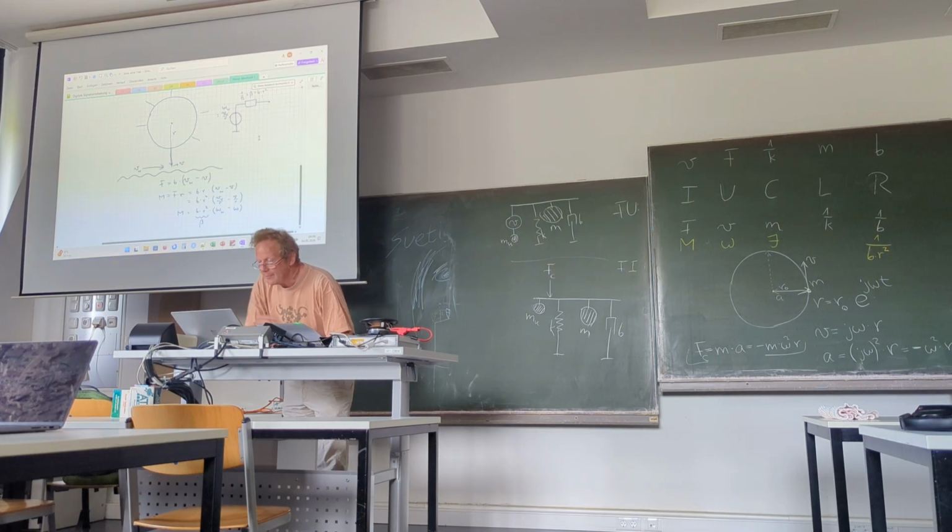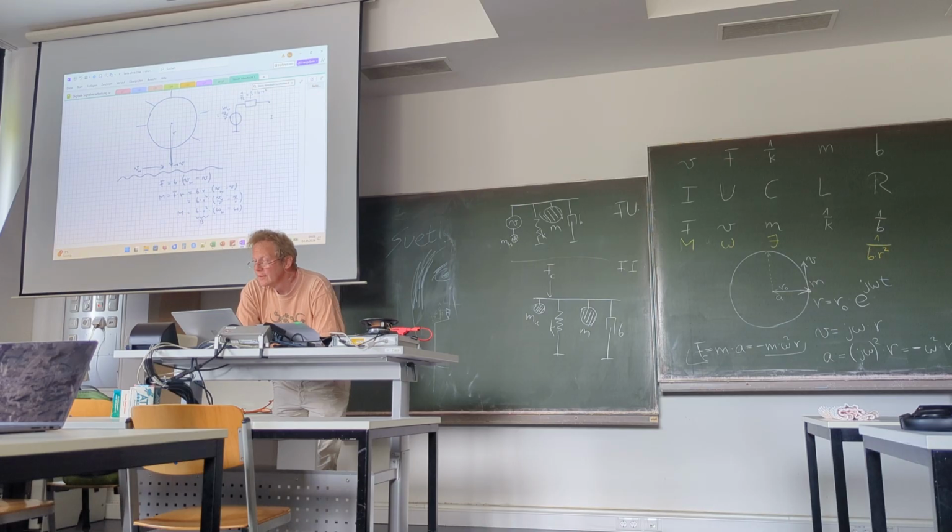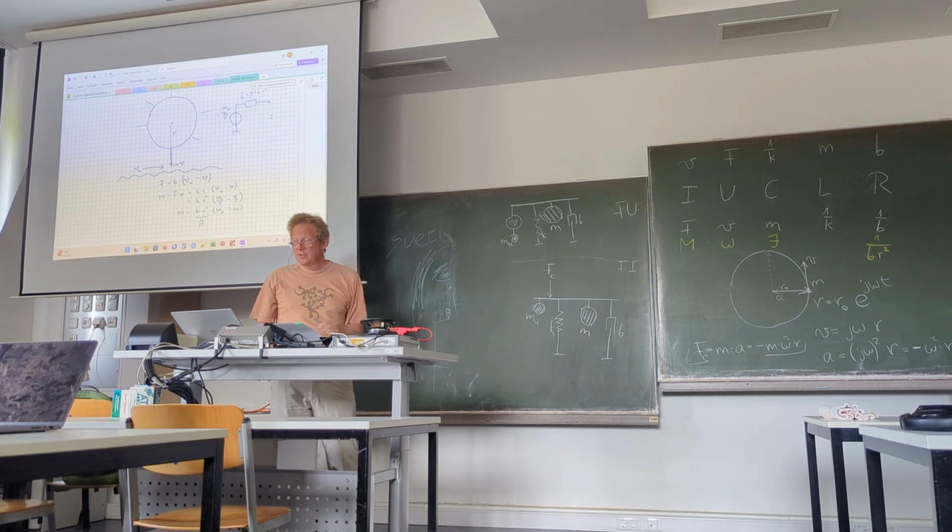Okay, then we said here we have another voltage corresponding to omega of the water wheel, and this is influenced by acceleration. We accelerate our mass, actually the moment of inertia, and that becomes a capacity.